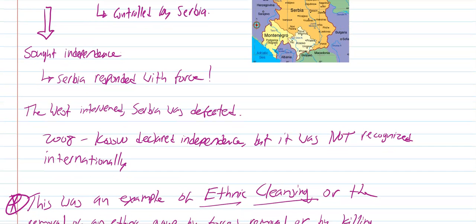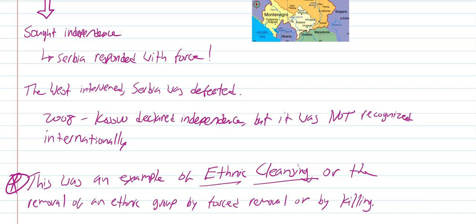All right, and so what happens here is Serbia goes in and responds forcefully against Kosovo's efforts to become an autonomous country, and the West intervened and defeated Serbia because they were doing outrageous stuff like ethnic cleansing in Kosovo.